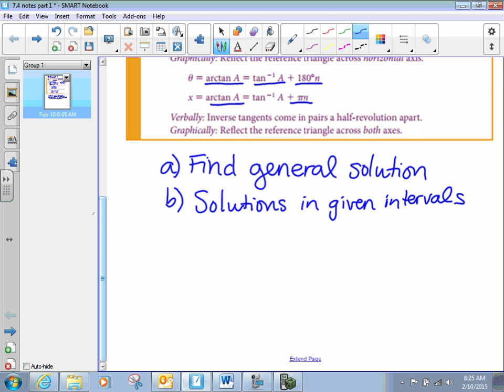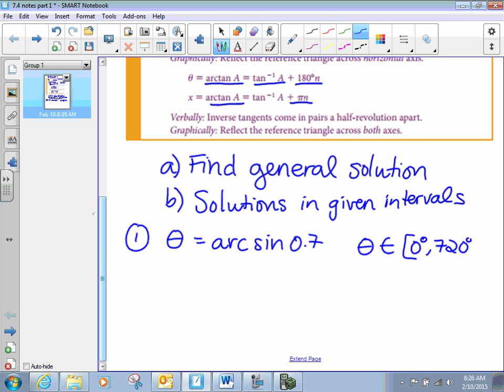So for the first part, our first example we're going to take a look at is if I have theta equals arcsine 0.7, and it says theta is an element of 0 degrees to 720 degrees. Since these are closed brackets, that means it can include 0 or 720. This just means element of, and this is a reminder that you're in degrees, not radians.